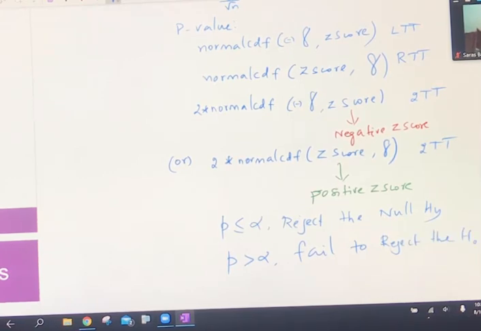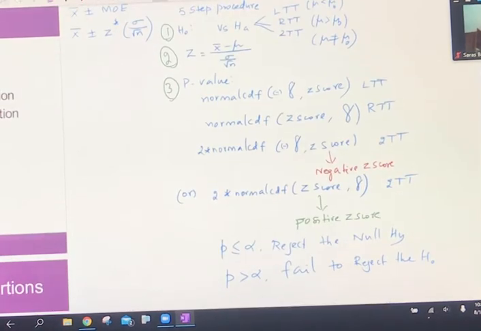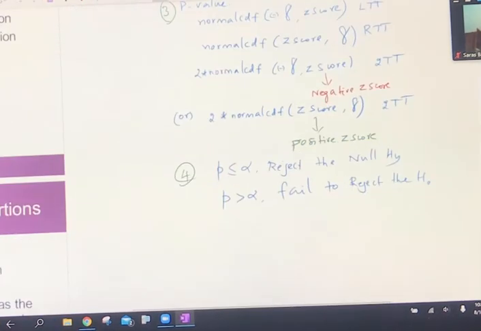So this is what we have seen in our 5-step procedure. You have the null versus alternative as step number 1, step number 2, step number 3 is the p-value, and then you compare. And finally, write the conclusion based on the claim.